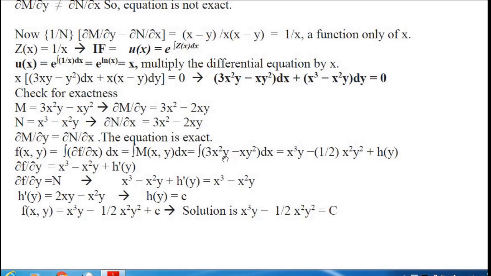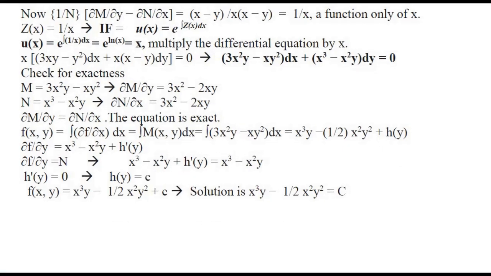Now M is (3x²y − xy²) dx. On integration we get x³y − 1/2 x²y² + h(y). Here h(y) comes because we are integrating with respect to x; a function of y may occur as a constant here.